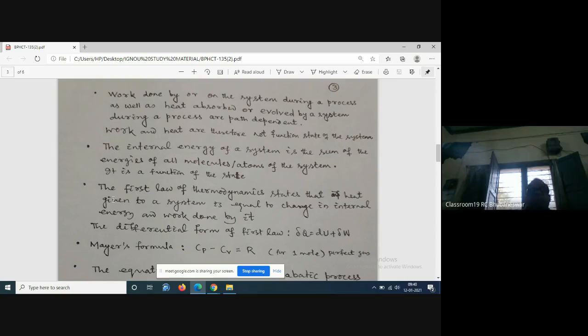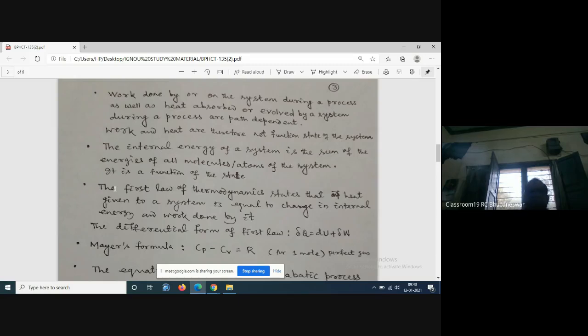Now we go for the first law of thermodynamics. The first law of thermodynamics states, if heat is given to a system and it is able to do work, the amount of heat given to the system is equal to the change in internal energy and the external work done by the heat.